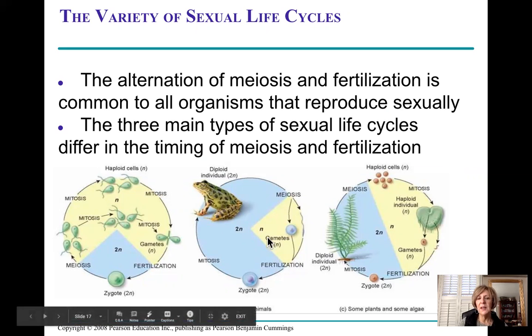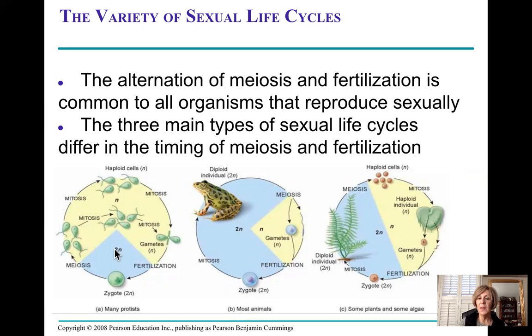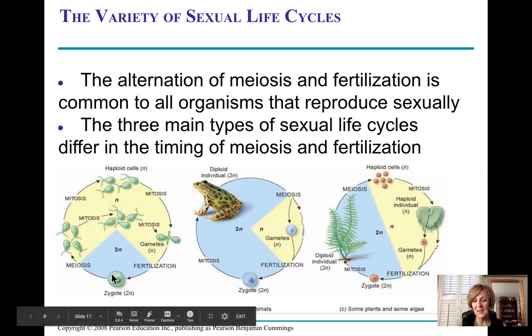So there are 3 different main types of sexual life cycles. There is one that a lot of protists do. There are ones that most animals do, and there are ones that plants and a lot of algae do. I'm going to start with the animals, then go to the plants, and then talk about the protists and what they do.